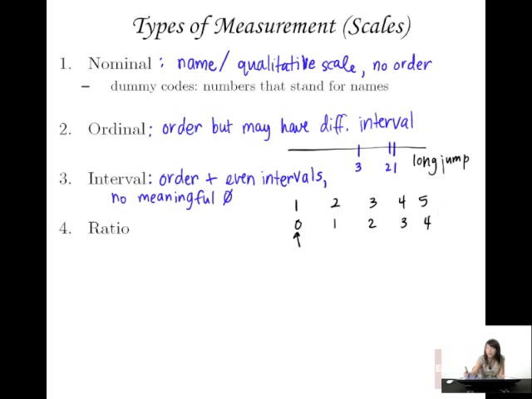All right, so finally, we get to the creme de la creme. So this is the highest level, and if interval is missing a meaningful zero, I bet you can guess what ratio has. So here we have order, we have even intervals, and we have a meaningful zero.